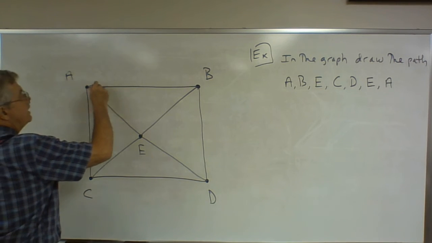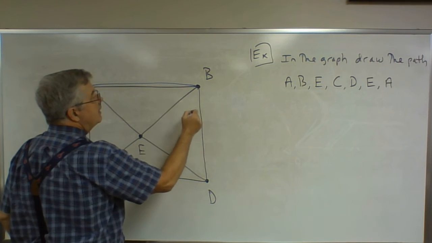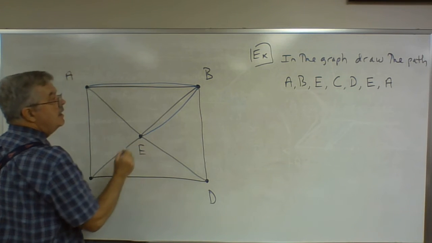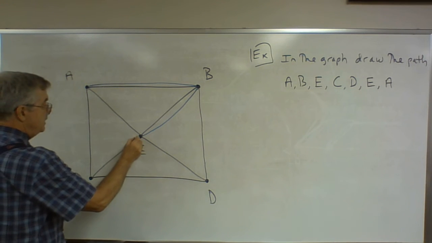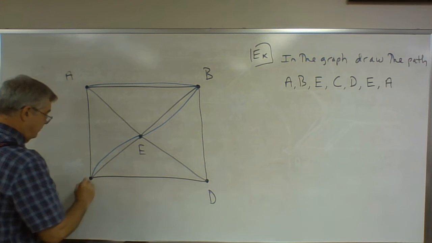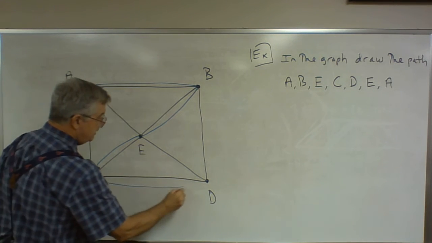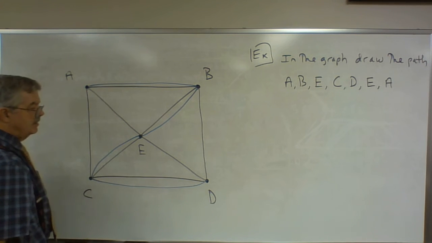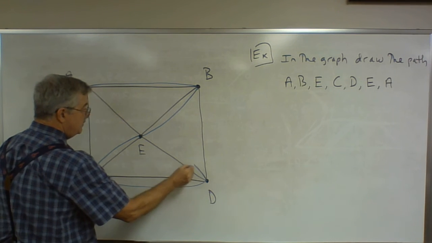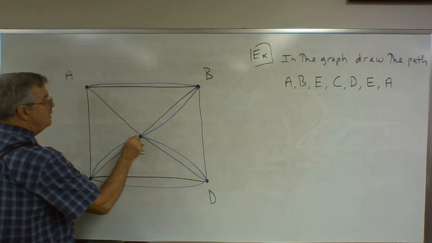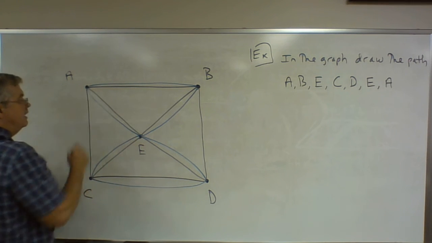We start at A and we go to B, and then from B we go to E, and then from E we go to C, and from C we go to D, and then from D we go to E, and from E we go to A. Now wait a minute.